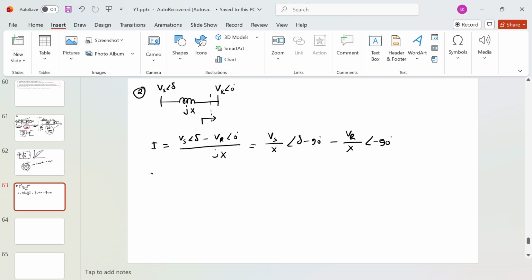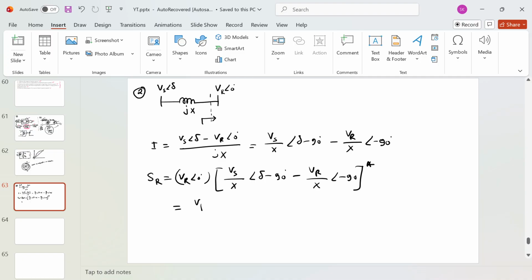Now if you see the complex power at the receiving end, Vr at angle 0 times the conjugate of that current, you will get VrVs by X at an angle of 90 minus delta minus Vr squared by X at 90.